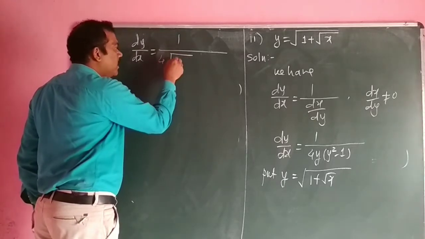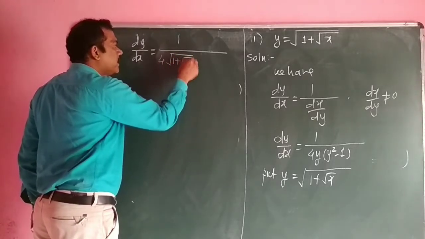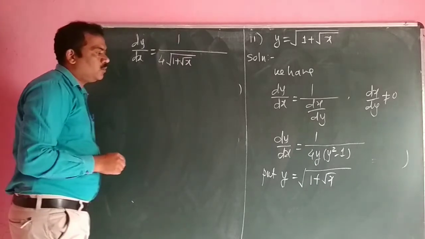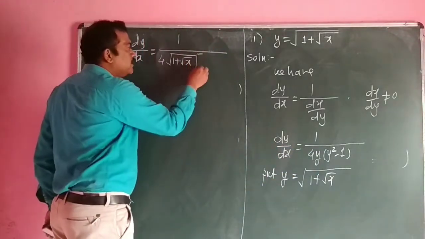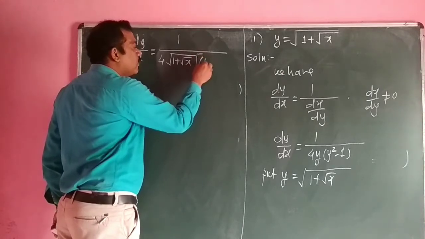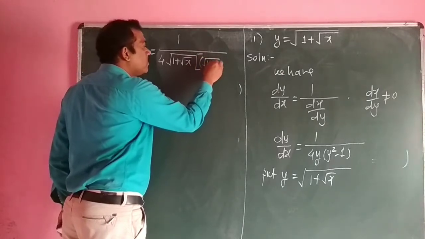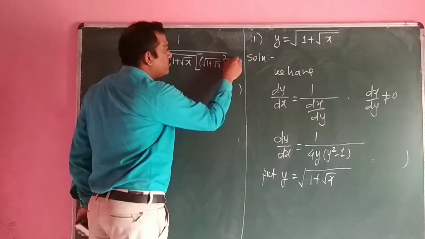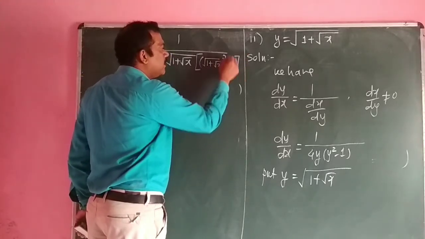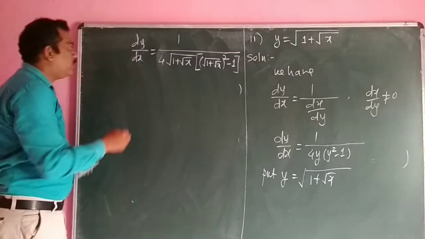Root of 1 plus root of x into, here we have to substitute the value of y also, that is root of 1 plus root x bracket square minus 1 square bracket complete.